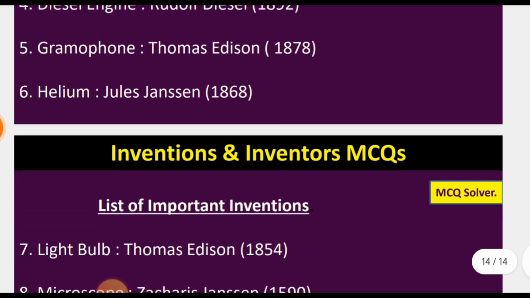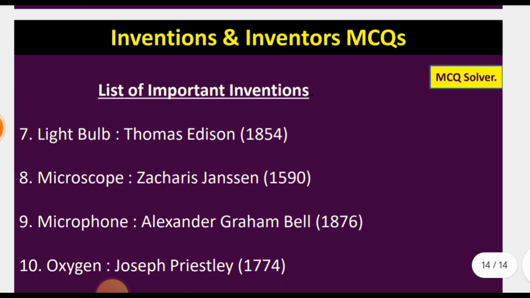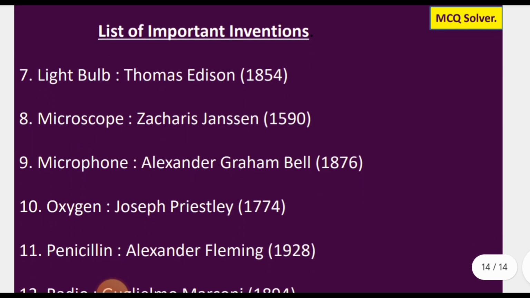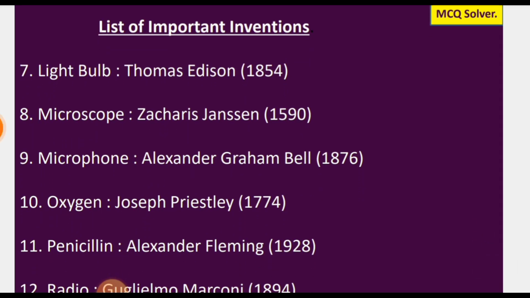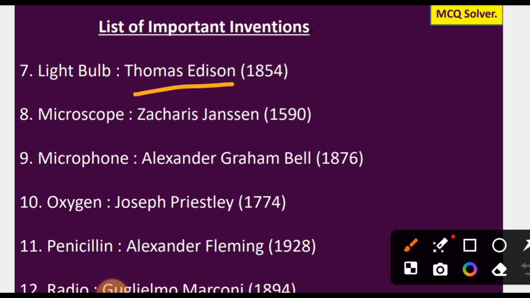Now let's move to the seventh one. The seventh one is the light bulb. The light bulb was invented by the famous scientist Thomas Edison in the year 1854. Eighth is the microscope. A microscope is a device used to see microscopic organisms, and it was invented by Zacharias Janssen in the year 1590.